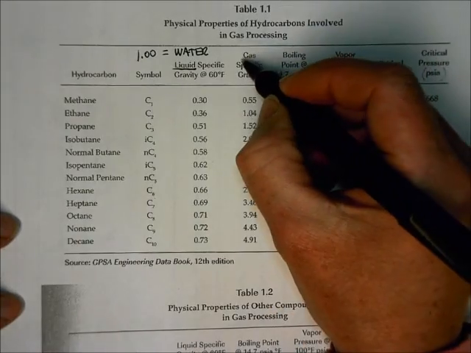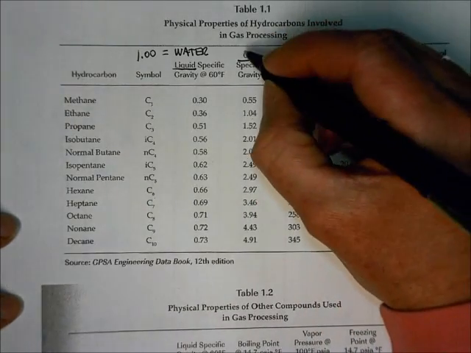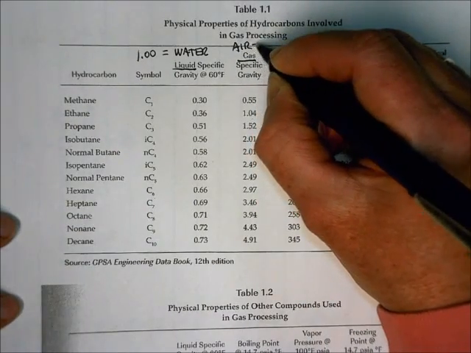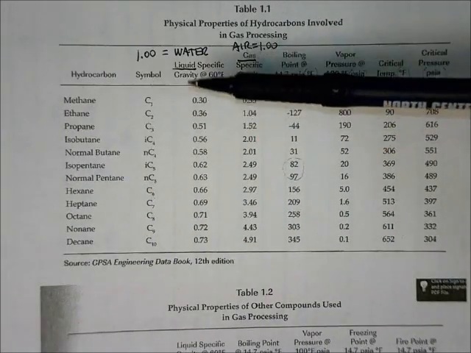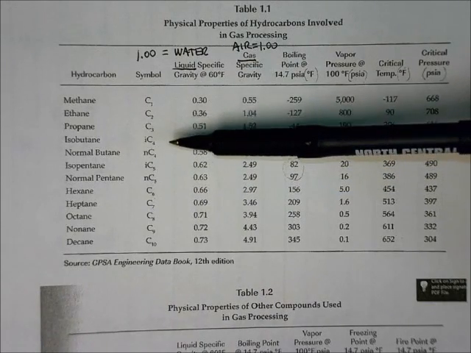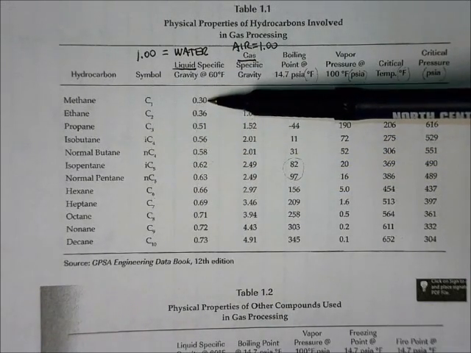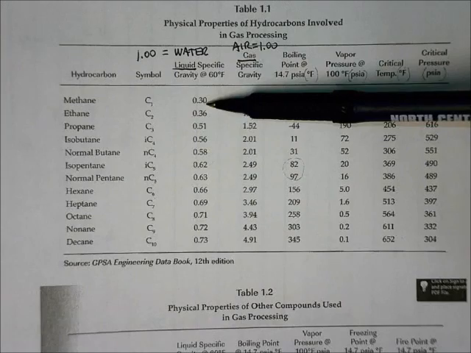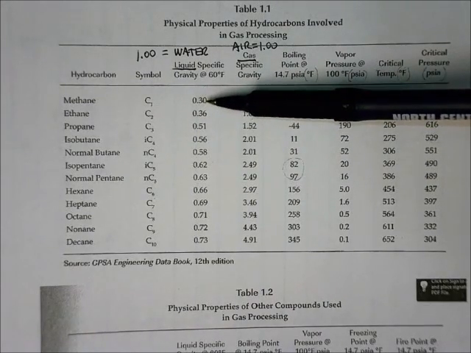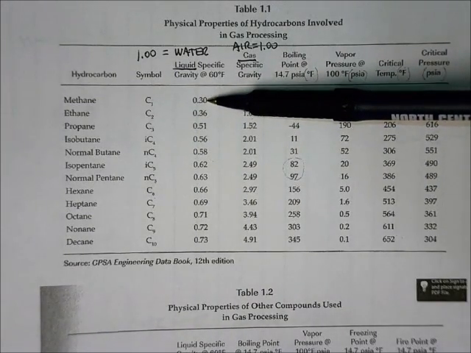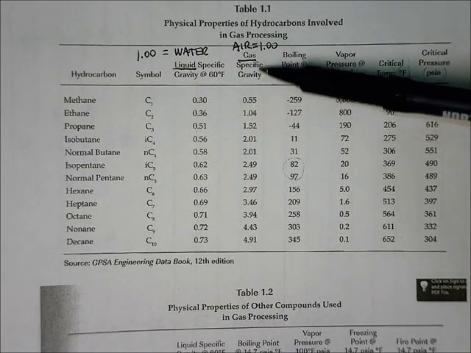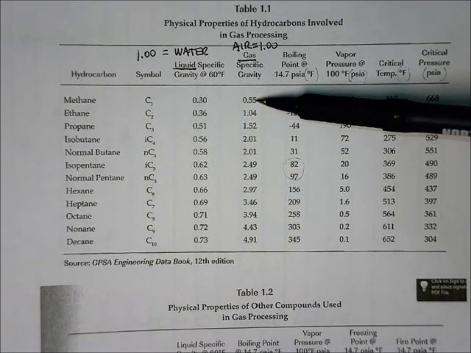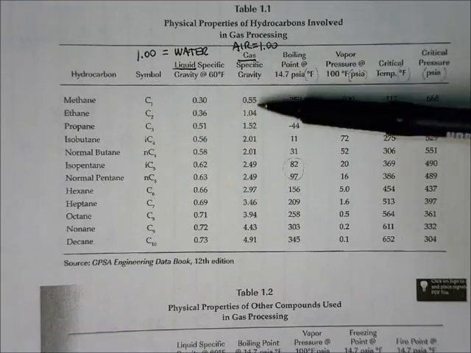When we're talking about gas specific gravity, we're comparing it to the density of air, which is also designated as 1. The way you calculate these, for example, for methane, you figure out the density of liquid methane and you divide it by the density of water. So the specific gravity tells you the density of methane compared to the density of water. Same with air. That's for liquid; this is for gas. The specific gravity of methane gas is compared to the specific gravity of air, 1.